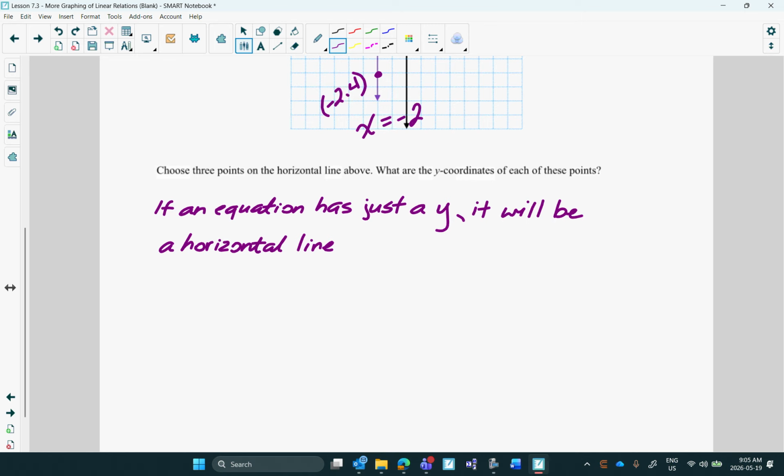If an equation has just an X, it will be a vertical line.